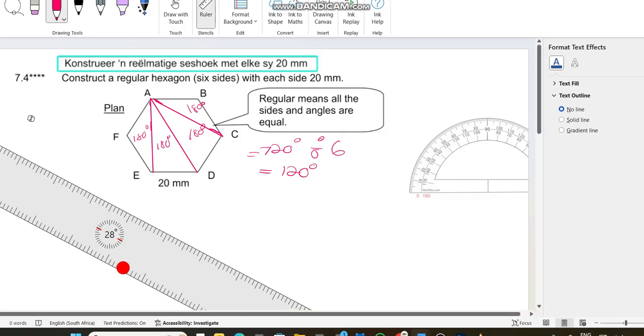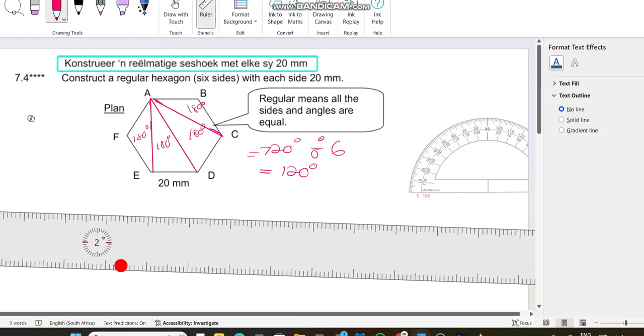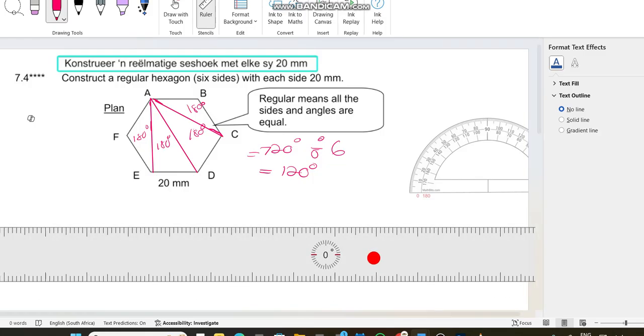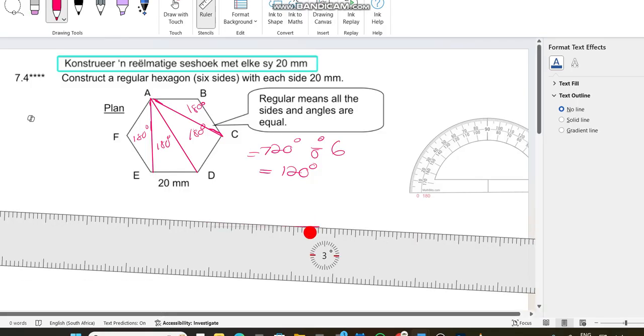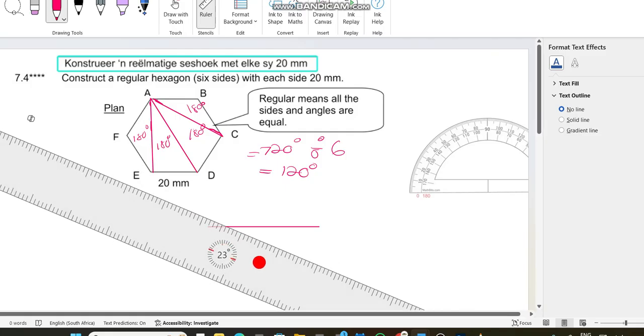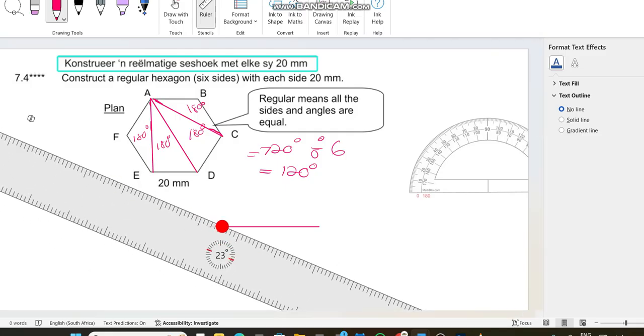So firstly, you'll start off. Okay. Firstly, you will start off with this, and you will make a line. Then you will make your origin. Okay.